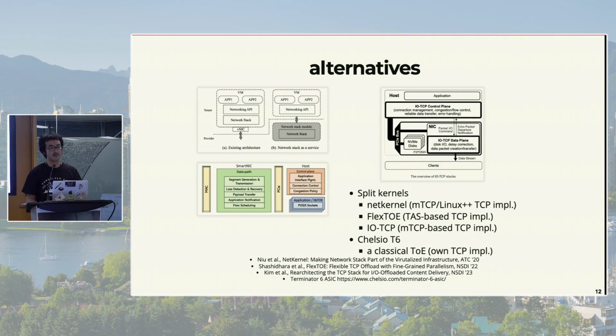TAS is another user space TCP stack, and they are targeting offloading this TCP functionality to the smart NIC. IOTCP also has a similar architecture, but they mostly focus on offloading the sendfile system call from the host to the smart NIC. And Chelsio still has the classical type of TOE at this moment.